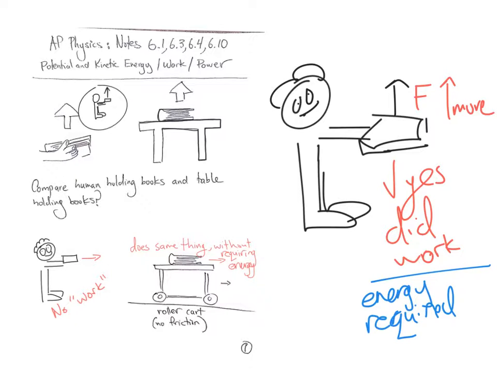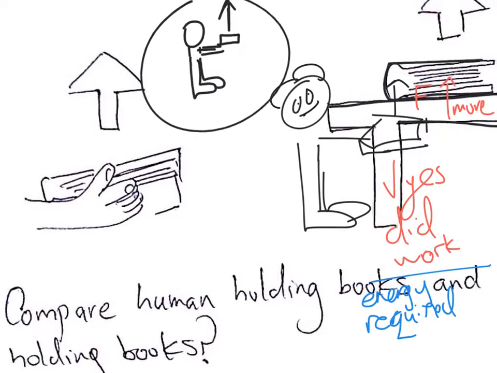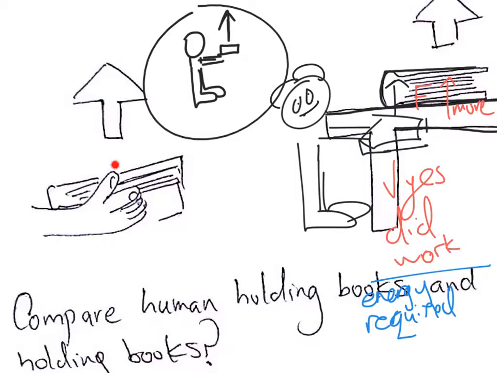And so before I turn the page, because I won't be able to come back to this, the definition ends up being that a force is exerted in the direction of motion. So here the book is lifted up, and so the force is exerted in the direction of motion. However, in these previous two examples, over here, the force was exerted but there was no motion.